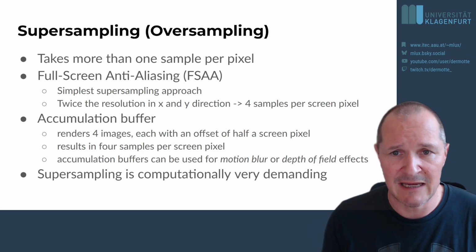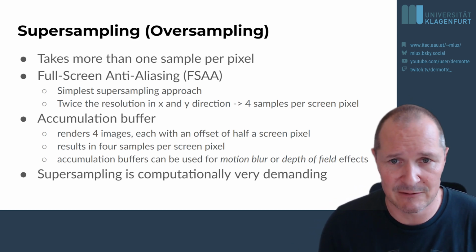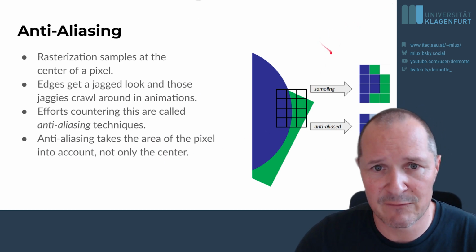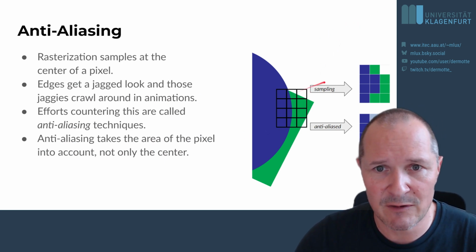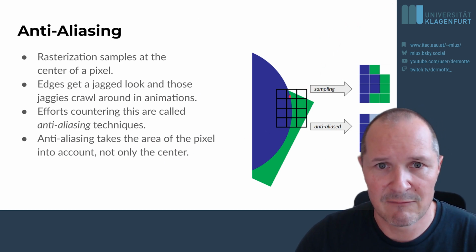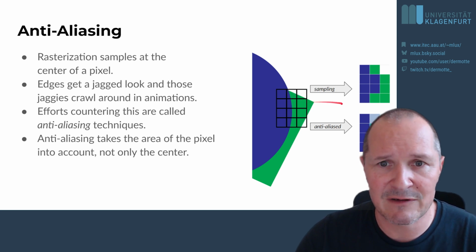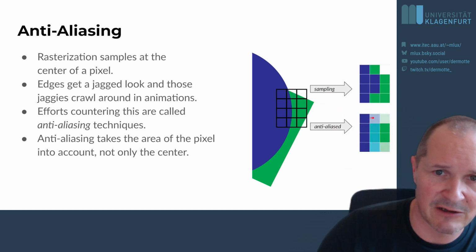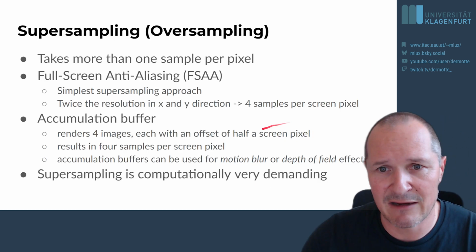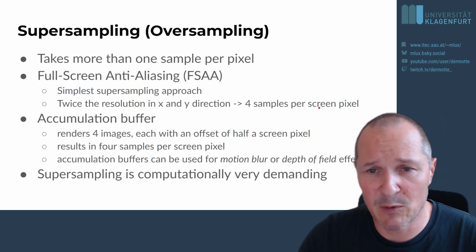So you take more than one sample per pixel. Let's go back. Instead of saying we just take the green one for this one, we take, for instance, one here, one here, one here, and one here. And then based on the different samples, we create this color here. We already have a great anti-aliasing thing. So what's the downside?